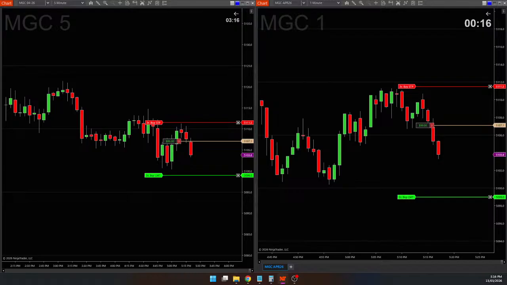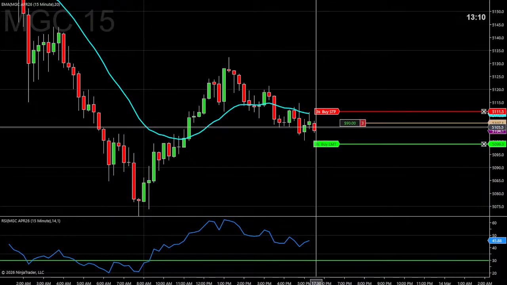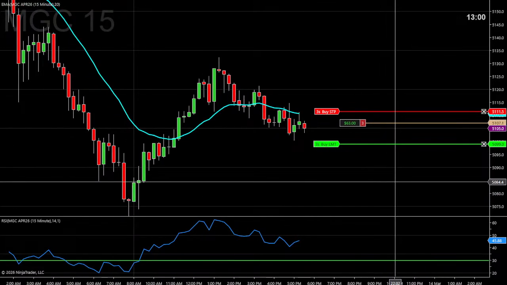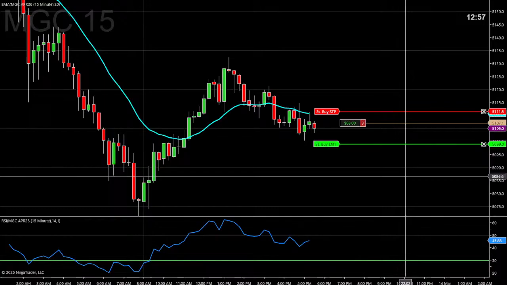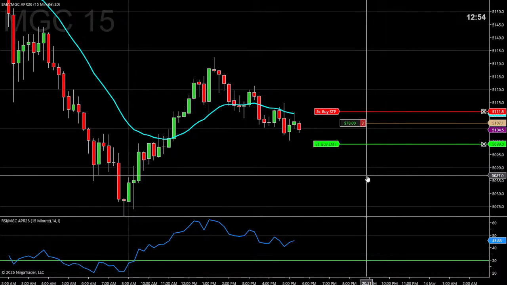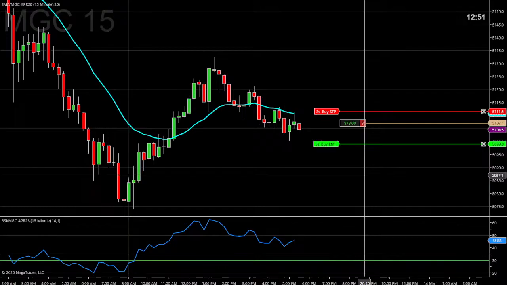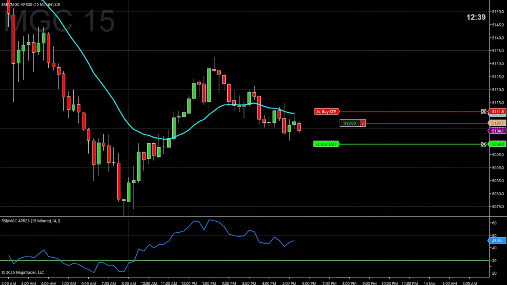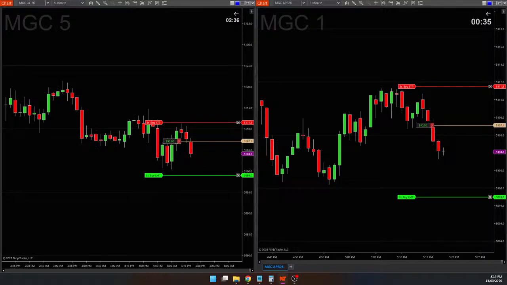In fact, a new 15-minute candle just opened. That looks like this. Still not convinced though. At least hope it hits my take profit.